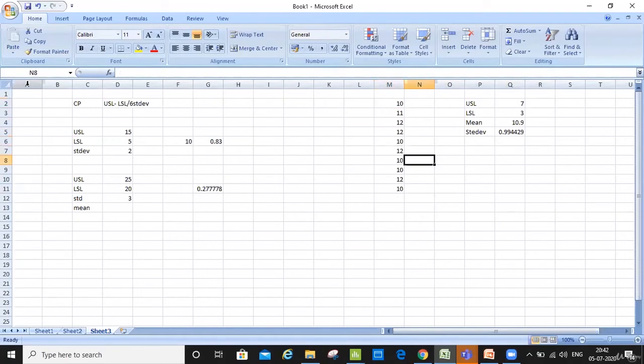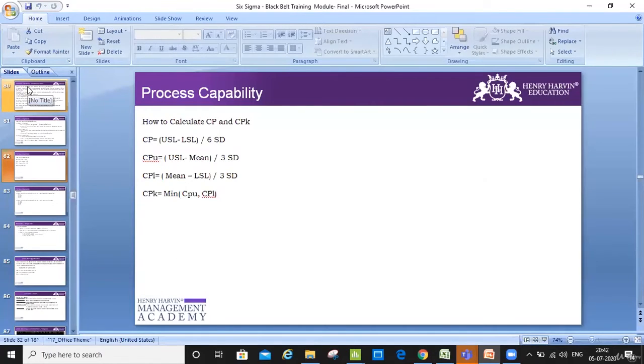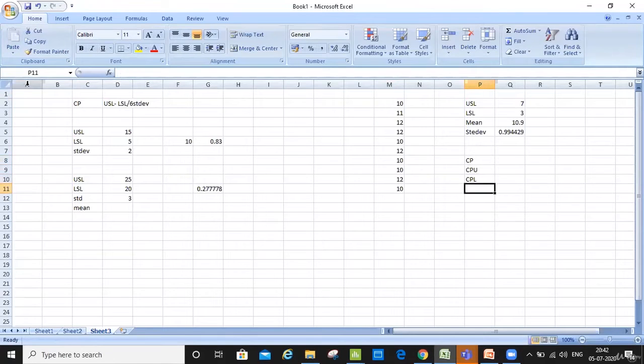So can someone calculate CP, CPU, and CPL? I will share the formula as well. CPU is equal to USL minus mean upon 3 standard deviation, and CPL is equal to mean minus LSL upon 3 standard deviation. So we want to calculate CPK.